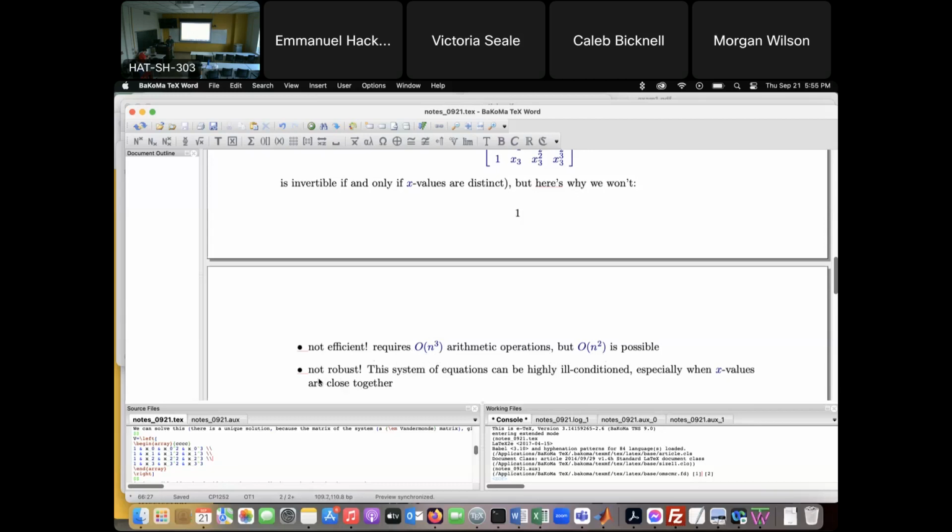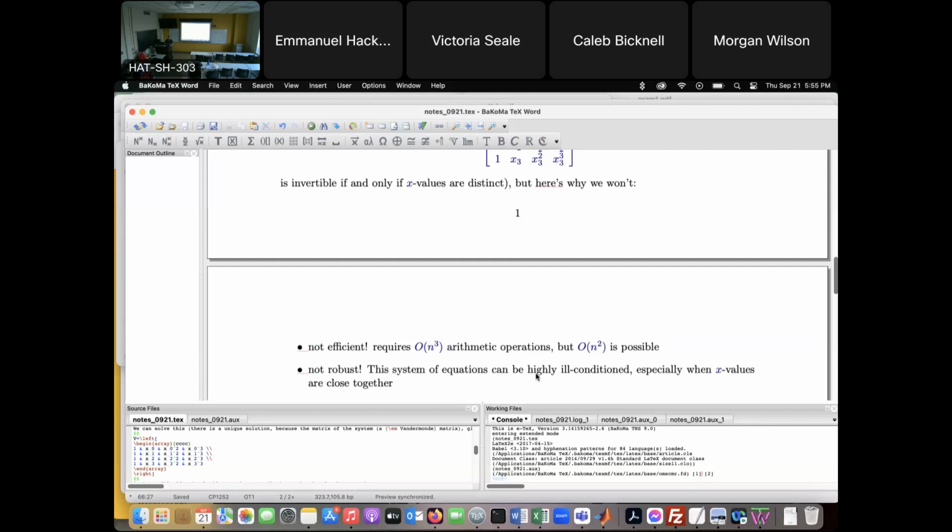Also, it's not robust. For numerical algorithms, we like them to be accurate, we like them to be efficient, and we like them to be robust. And this approach fails on two of those three criteria. Using terminology from chapter 2, this matrix is ill-conditioned, especially when the x values are close together.